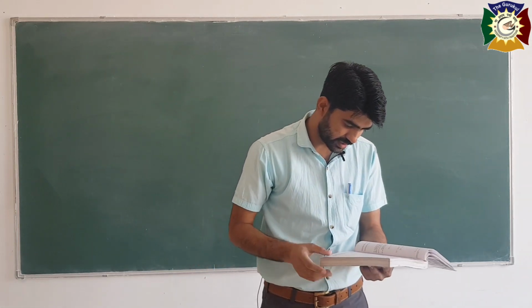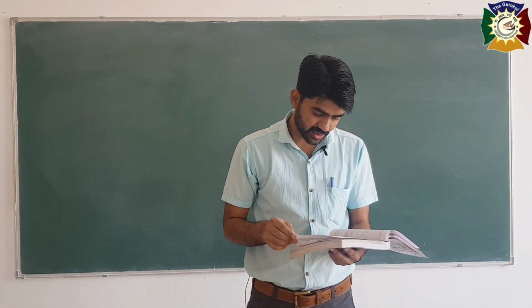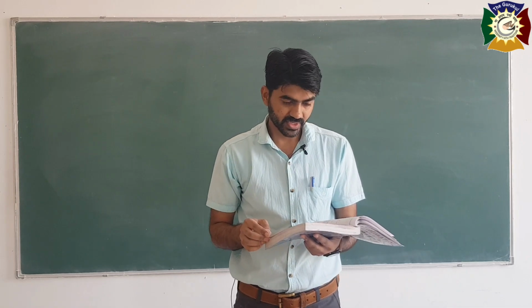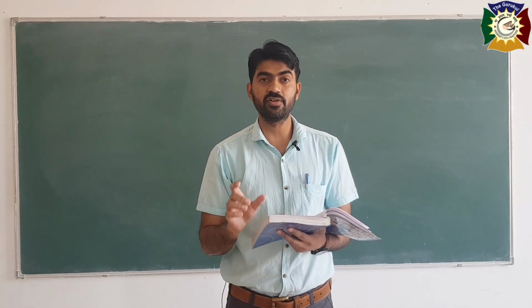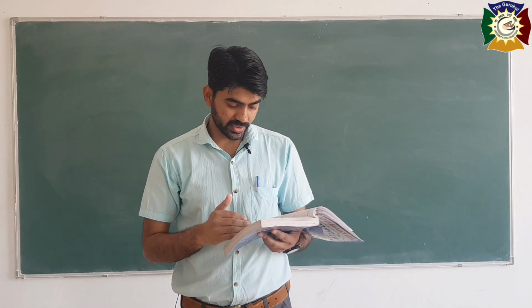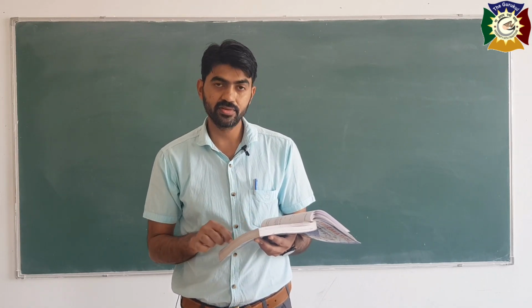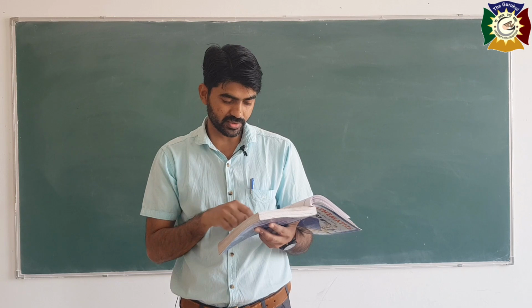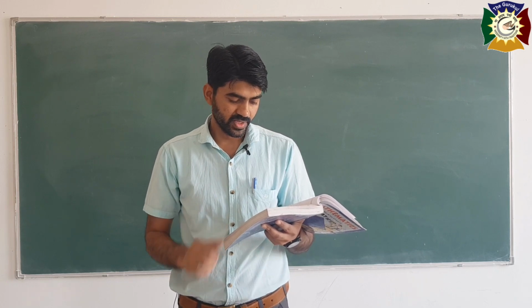One more thing is there, rationalization of denominator. Page number 23 of your NCERT book. At the down paragraph, the paragraph under this page, last third line.